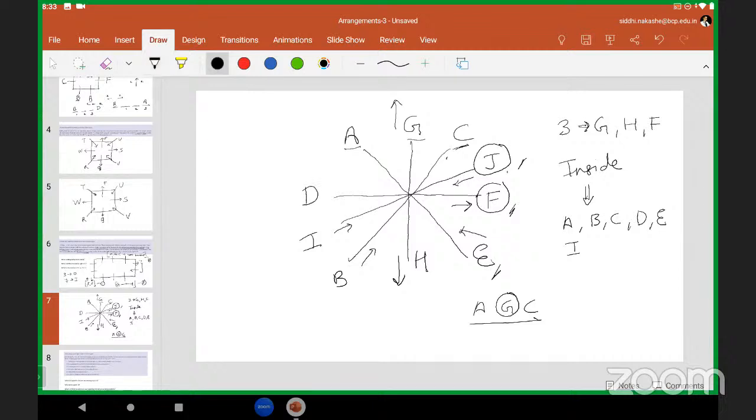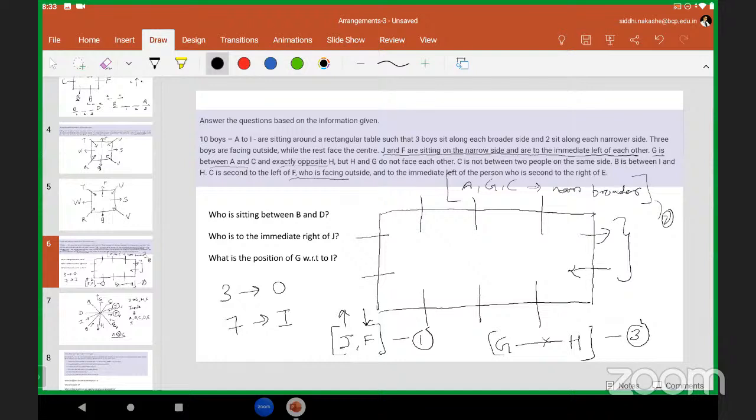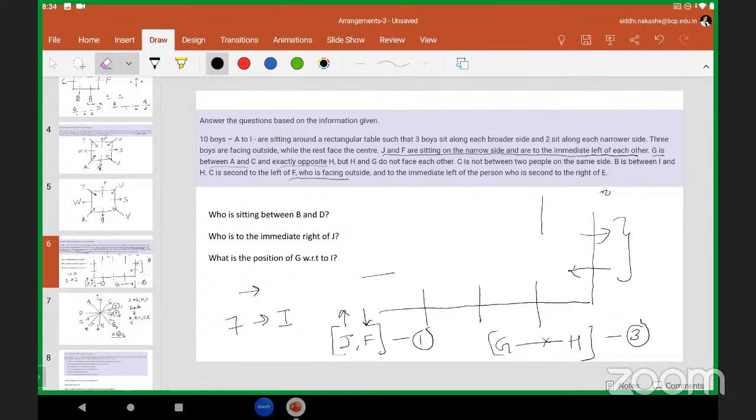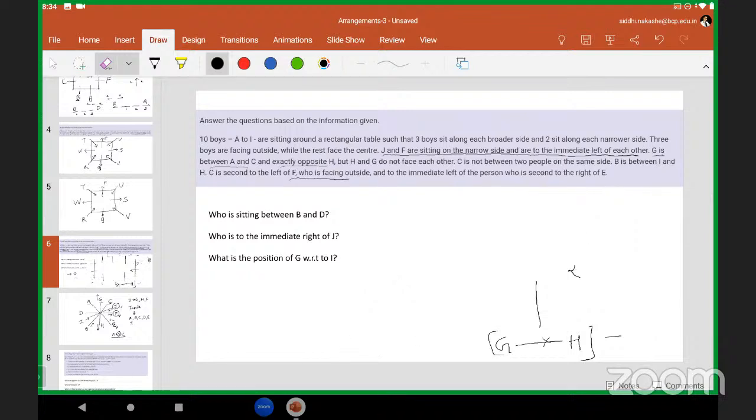So I will write this down again. First, try to solve this in a circular manner. Then it will be easy arranging all these people in a rectangular form.